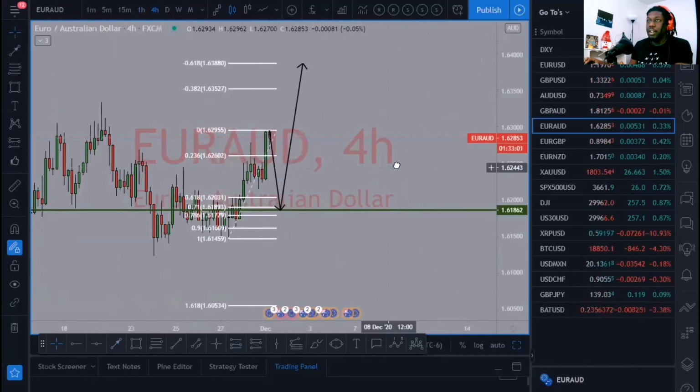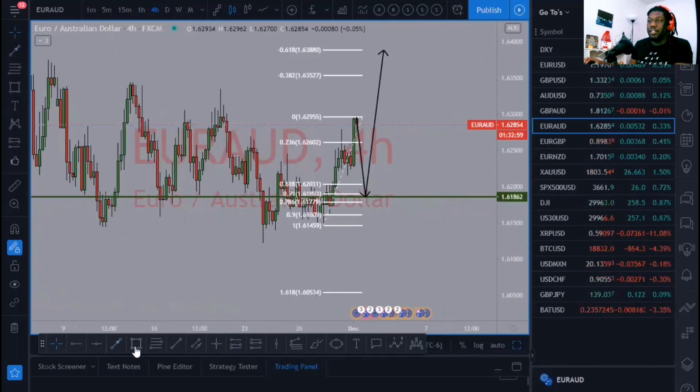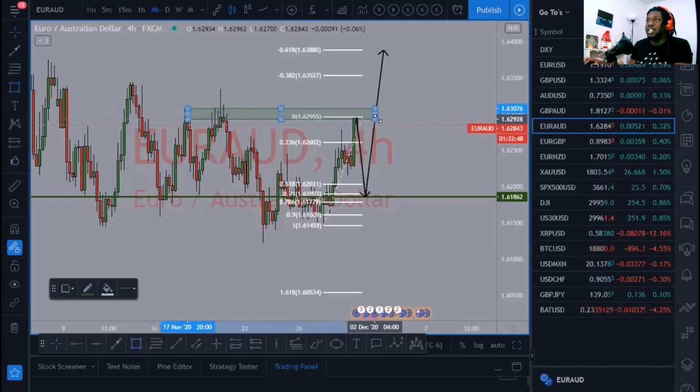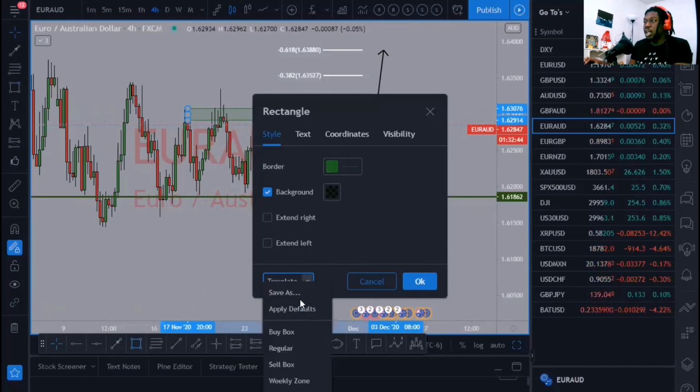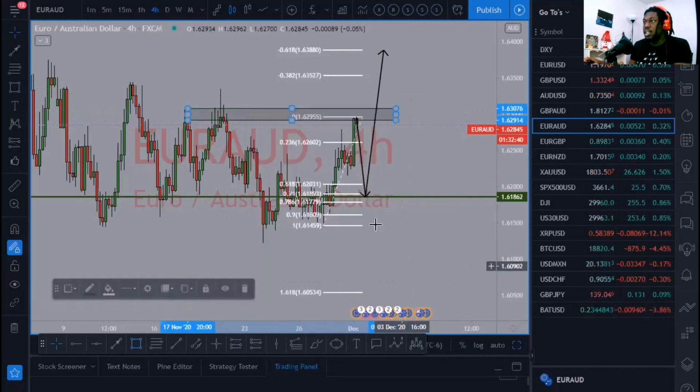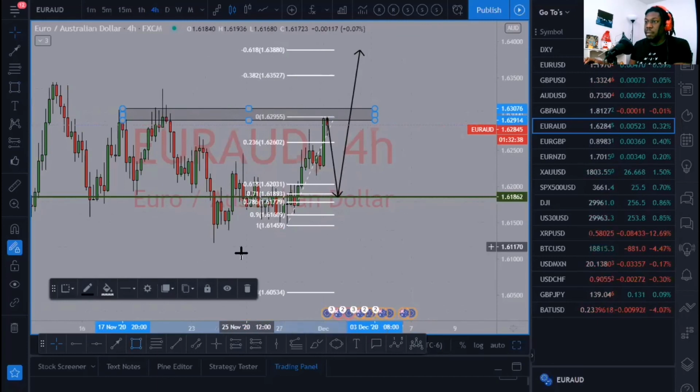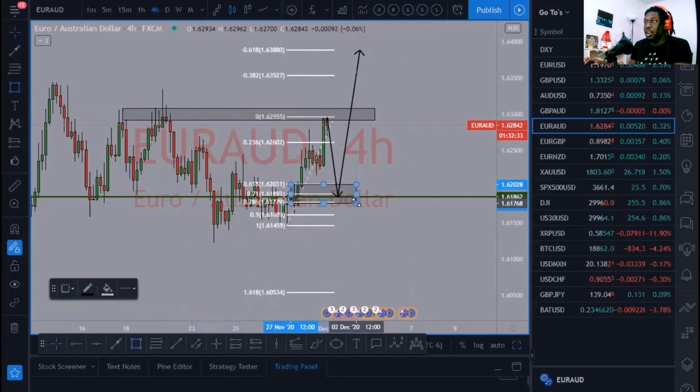Let's go over here. It is currently chilling at this resistance right here. So if price can reject off of that and then come back down to over here, my buy box, my general buy area, then I would look for a potential buy on EA.